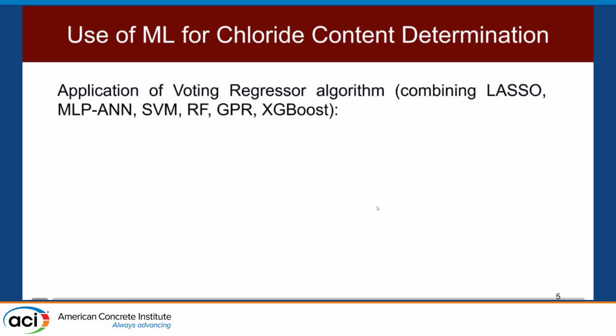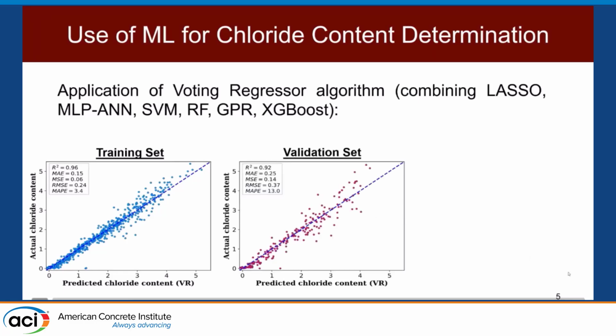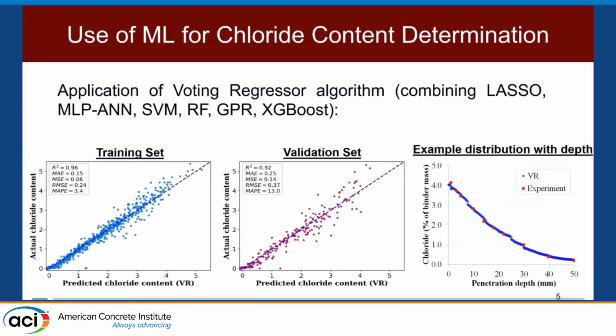And it turns out that if we calibrate with a subset of our data, then we can obtain very good capability to predict the remaining of the test data. And also we can even obtain quite good estimates of distributions of chloride content with the depth from the surface of the concrete member. So if this works so well, what could be the problem?